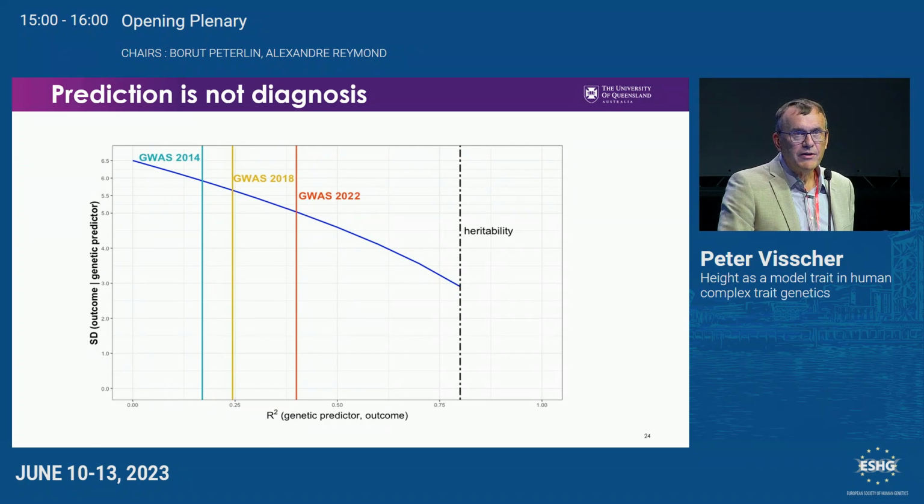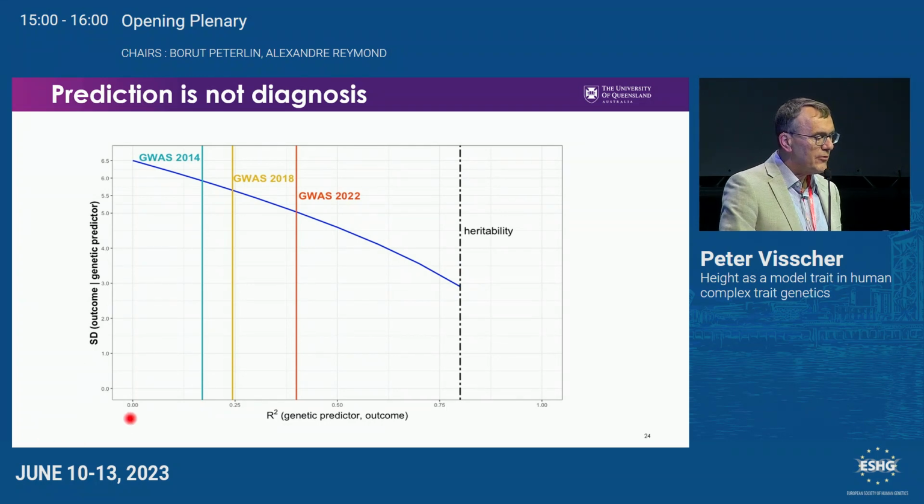Finally, a word about prediction. As many of you will know, prediction may be very accurate and we might get high correlations, but it's still not diagnosis. And the way I've tried to describe that is on this graph over here, where I have on the x-axis the amount of phenotypic variation, individual differences, that are explained by a genetic predictor, and on the y-axis, what the standard deviation in the actual outcome would be around the predicted value.